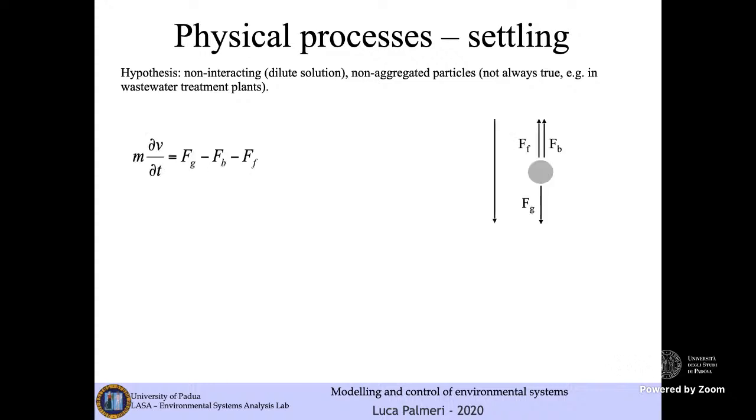How do we introduce the settling model? We start from the very basics of Newton's law. So we start by saying that the force, that is mass times acceleration of a particle, is equal to the resultant of forces acting on a particle. So we focus our attention on a particle. The particle is subject to a vertical downward gravitational force.